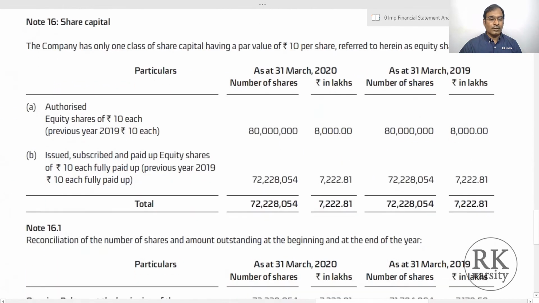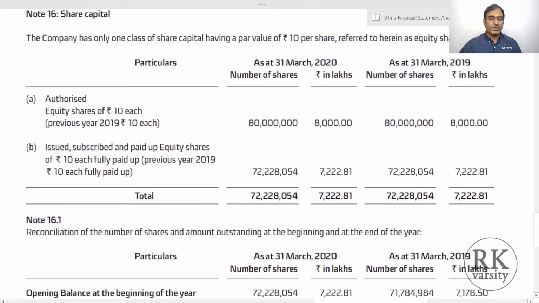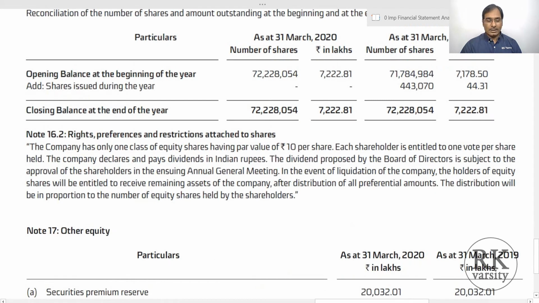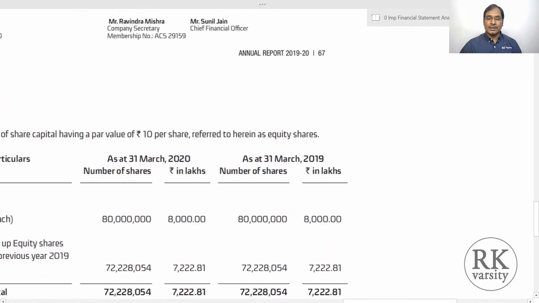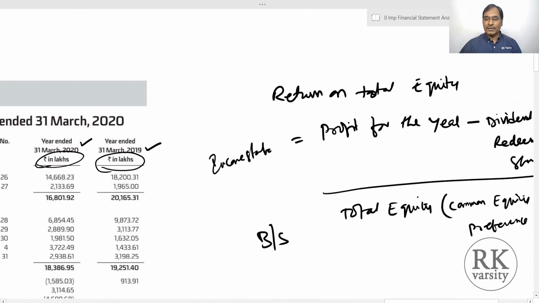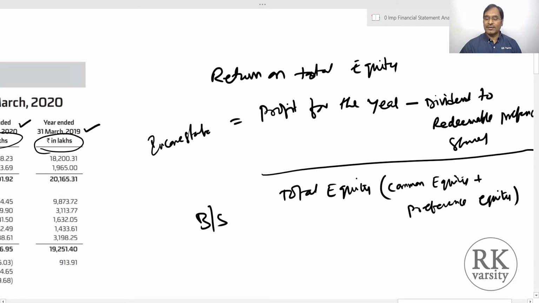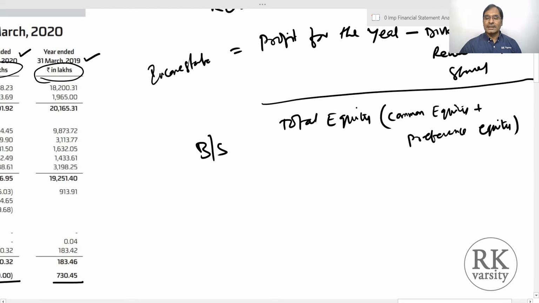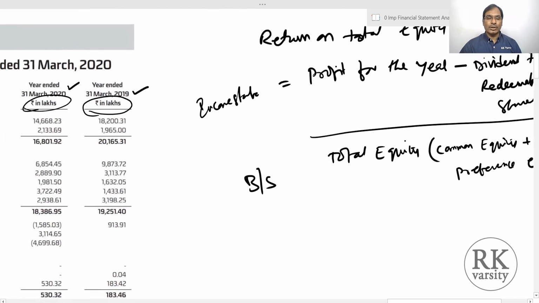From the notes you can see that the authorized share capital is issued and subscribed, and here you can read that the company has only one class of equity shares. That means all the shares are common equity only. So in your numerator you have only the profit for the year. You don't need to deduct any preference dividend to be paid to the redeemable preference shareholders. In total equity it is only common equity.